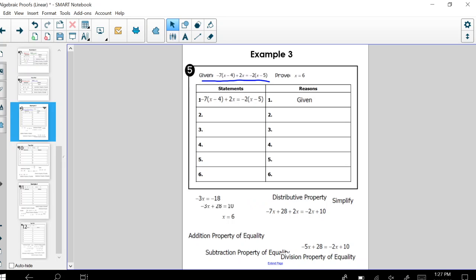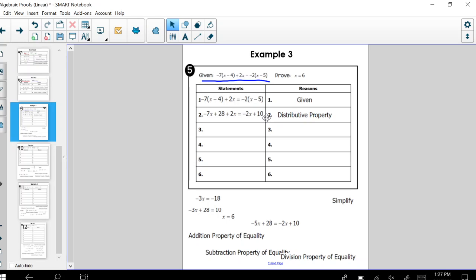Now if I'm looking at what I have down here as far as steps to go next, I can see that in order to solve this, I'm going to have to get those x's out of the parentheses, and I can do that with the distributive property. I can distribute this -7 and distribute this -2 so that I end up with x's that are all outside of parentheses.